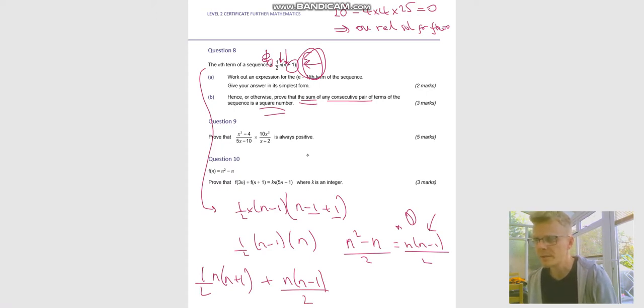They're both over 2 already, so if we expand the bracket, it'll be easier: n squared plus n over 2, plus n squared minus n over 2. Then the n and minus n will cancel, so both over 2, n squared plus n squared will give you 2n squared.